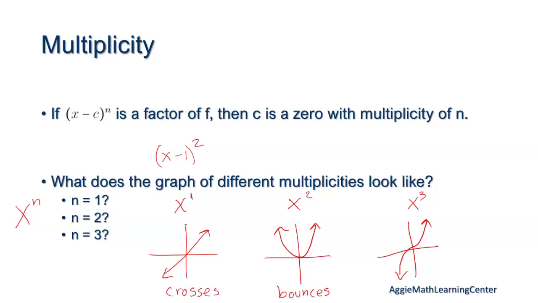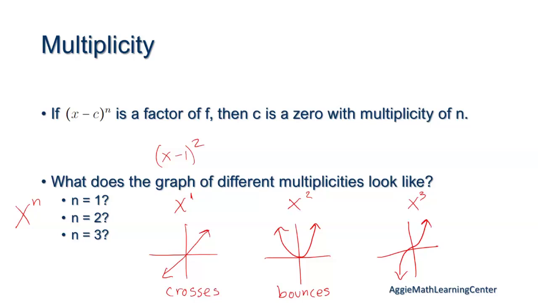How would we say that one? Any creative words we can think of? It stops for a sec. Maybe halts. It doesn't just zoom through it and cross it really quick.